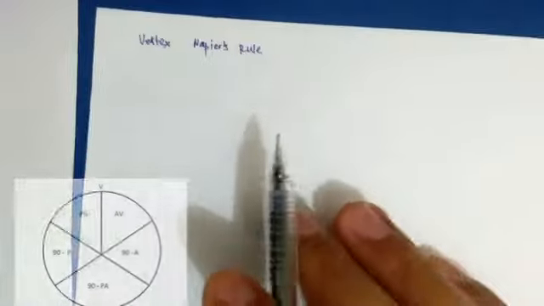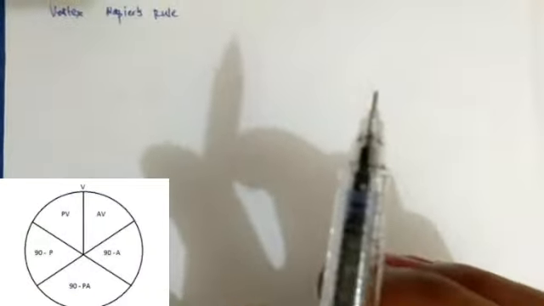So in Napier's rule, we also need to use the Napier circle shown.